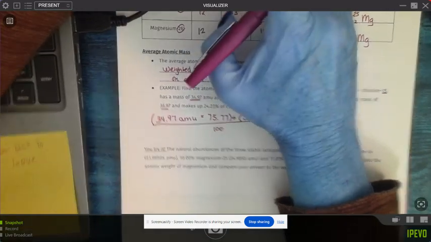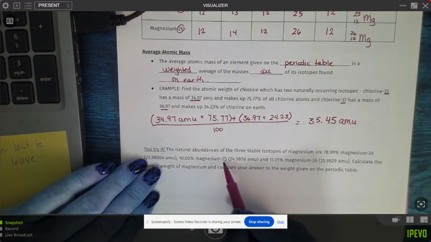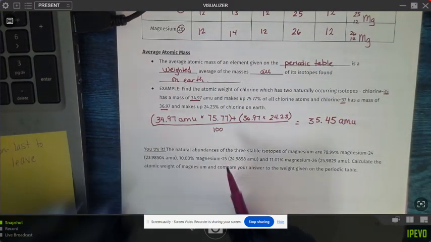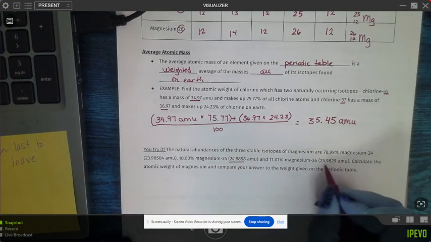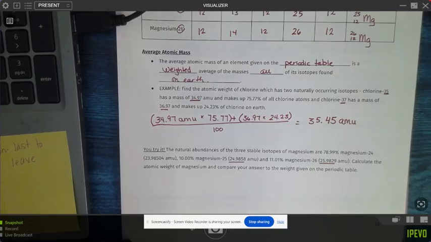And like I said, sometimes we might just have you use the mass numbers, but more times than not, we're going to actually give you a true average atomic mass of that particular isotope.